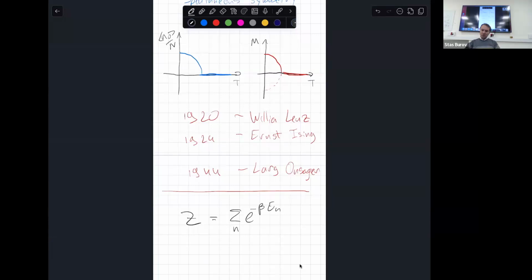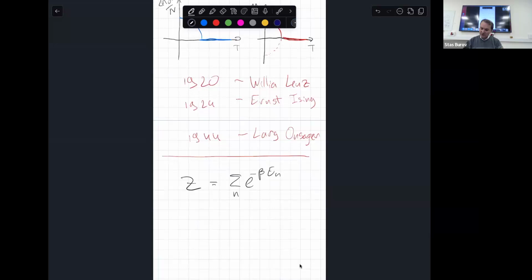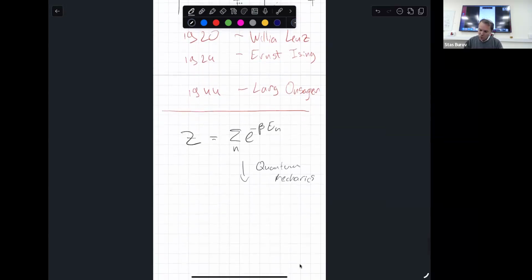Now, what is this minus beta En? If we want to look at it in quantum mechanics, instead of writing e to the minus beta En, we can write it as the bracket of e to the power minus beta times the Hamiltonian of the system.